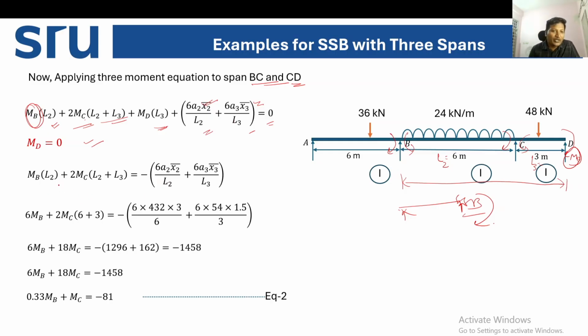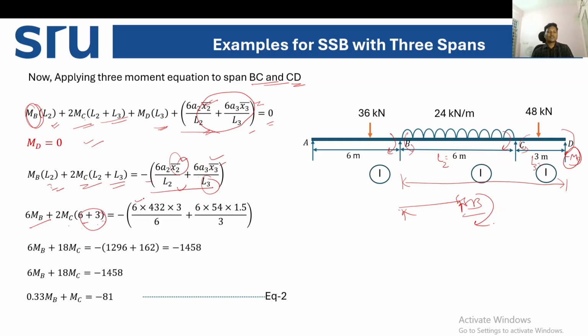So let us rewrite the formula again. MB into L2 plus 2MC into L2 plus L3 is equal to, so this part I have taken into the right hand side, minus 6A2 X2 bar by L2 plus 6A3 X3 bar by L3. So rewrite it. L2 is nothing but your 6. So 2MC, this is 6 plus L3 is 3, total is 9, into 2, 18.